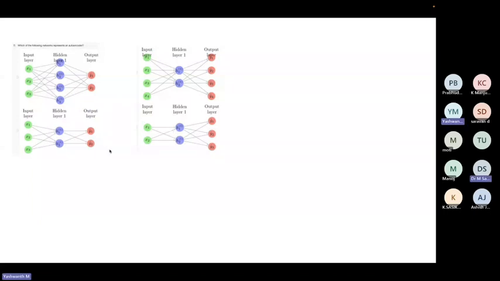But the hidden layer is larger, so that's why they have given the name overcomplete autoencoder. Okay, sir.